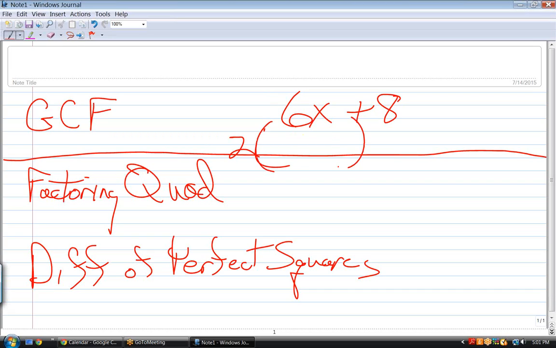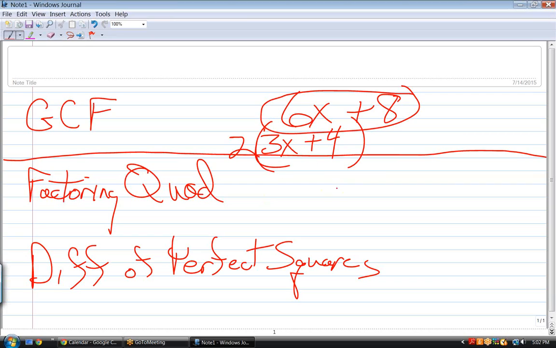In other words, this is 2 times what? 3x plus 4. Yeah. All factoring is multiplication in reverse, in case you haven't gathered that. In other words, this term here was created by multiplying 2 times 3x plus 4.